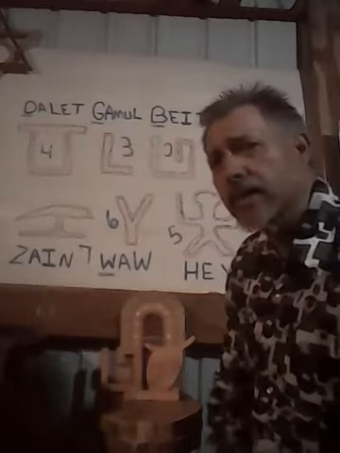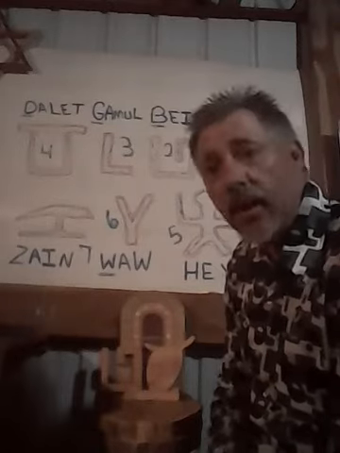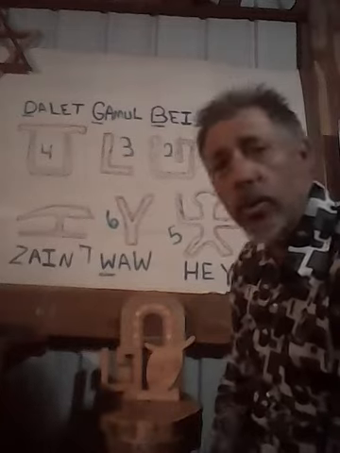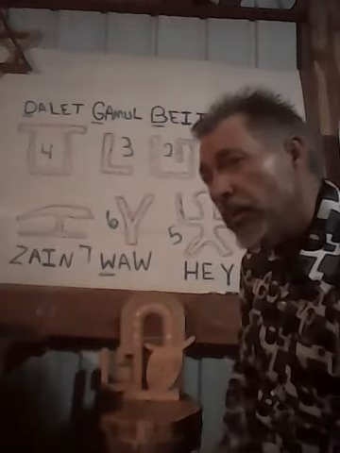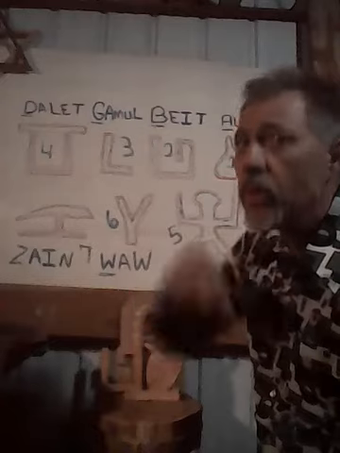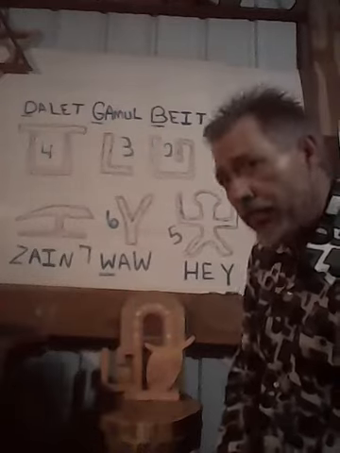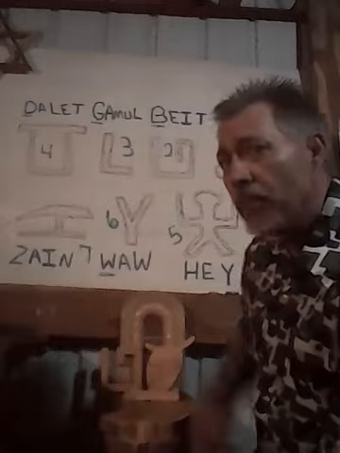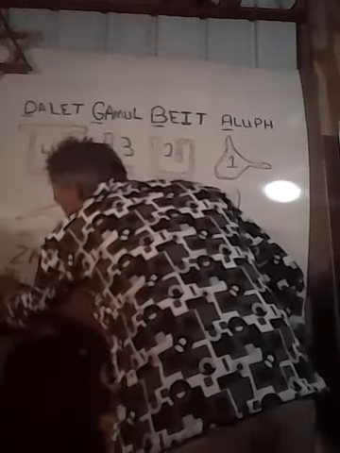And the Zain has a sound of like a Z or zebra. Because remember, sometimes you go to the zoo and you find animals, and one of them in a fenced-in area, it could be in his own little garden, is the zebra. But the Zain has the Z sound.